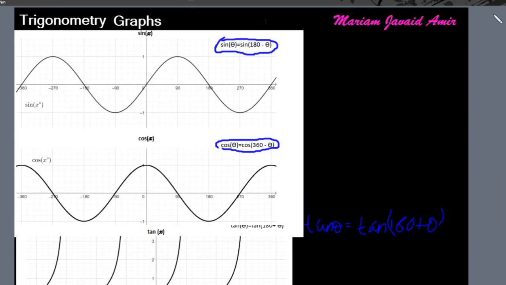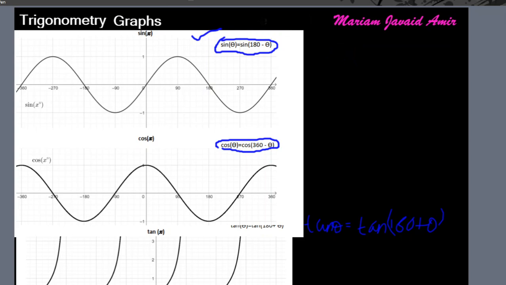So we've done this formula in detail while doing trigonometric questions, and we're pretty familiar with it, which says that sine theta equals sine 180 minus theta. So if theta is 90, then sine 90 equals sine 90.